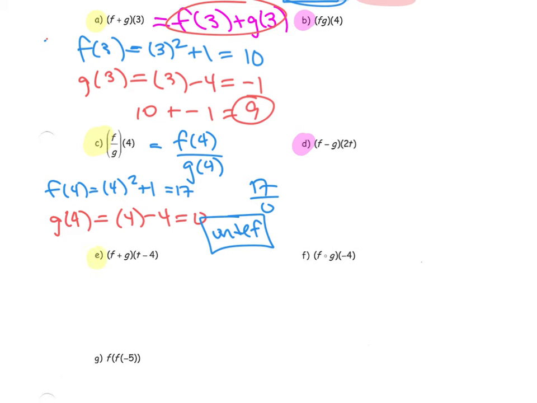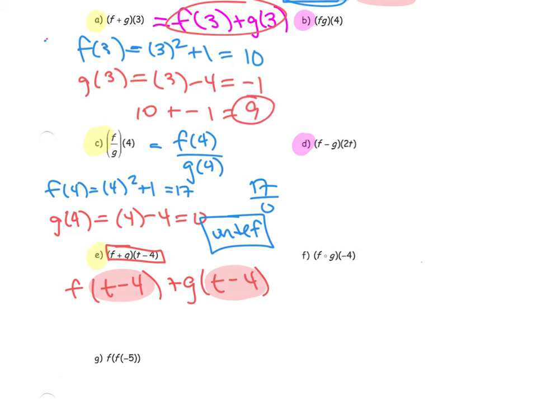Okay. So now again, we just got to follow our notation, guys. This is f plus g of t minus 4. All this means is f of t minus 4 plus g of t minus 4. So this is now my new input to those functions.